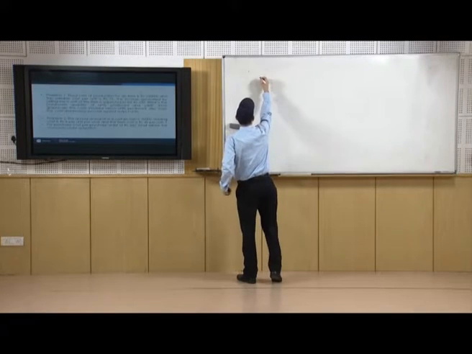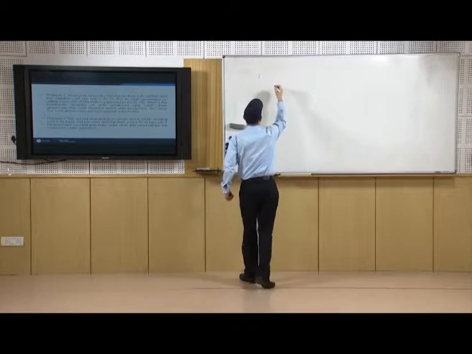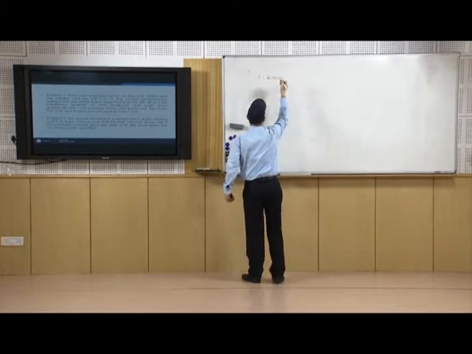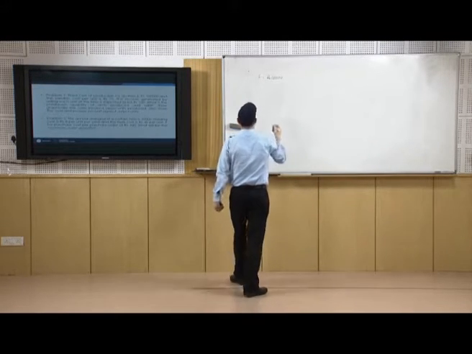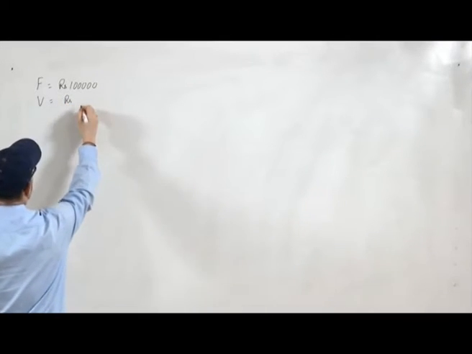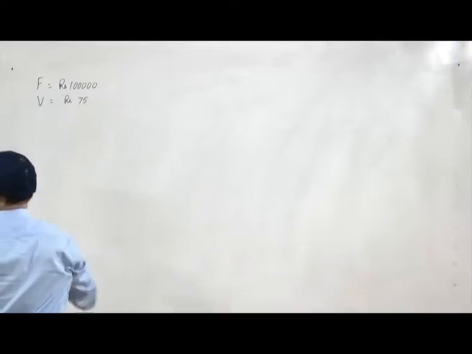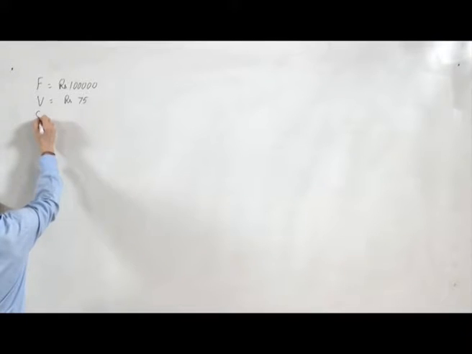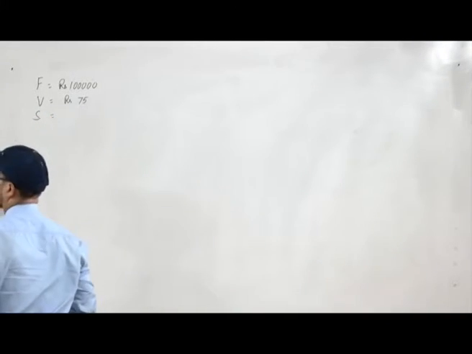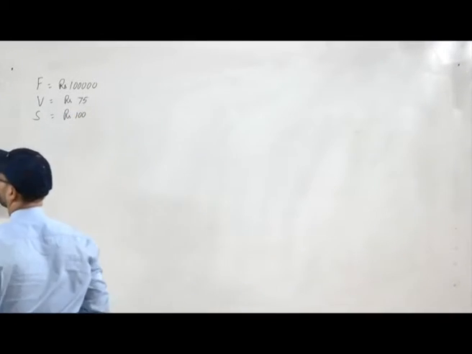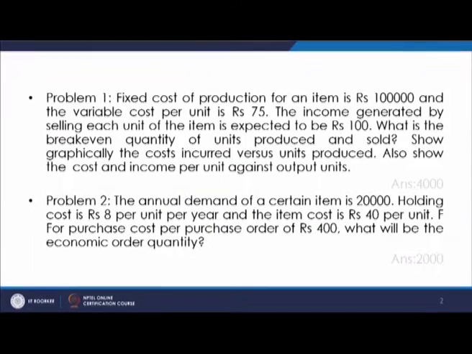The given quantities are fixed cost as rupees 1 lakh, the variable cost per unit, that is V, is given as rupees 75. The income generated by selling each unit, that is selling cost, is given as rupees 100. So, we have to find the break even quantity.